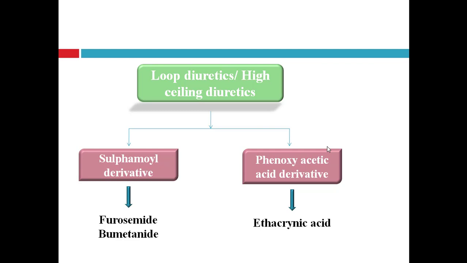These classes are based upon the chemical structure of loop diuretics. Sulfamoyl derivatives are furosemide and bumetanide, which contain the sulfamoyl group. Then phenoxyacetic acid derivatives are ethacrynic acid, etc. This ethacrynic acid contains the phenoxyacetic acid structure.